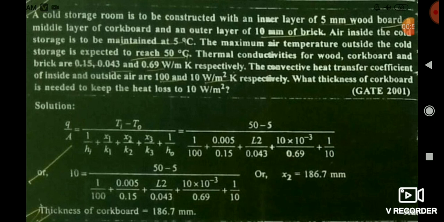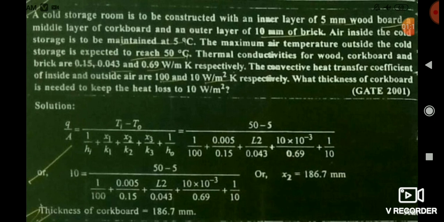And friends, here you see that 10 watt per meter square means it is given per unit area, so you do not have to take care about the area. You can simply avoid the area because it is given as 10 watt per meter square of area. So you have to calculate only the resistance. That is the first thing you should do. Here both conduction and convection take place.